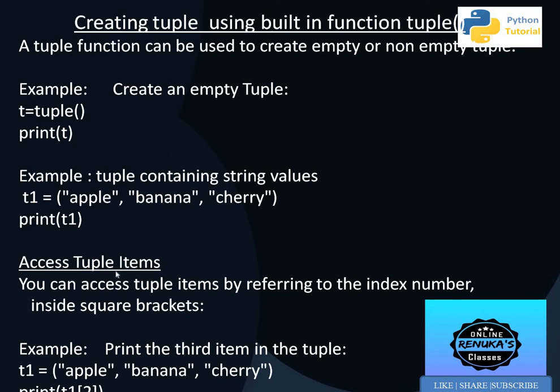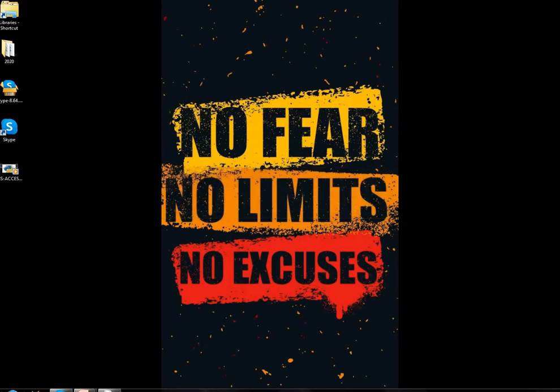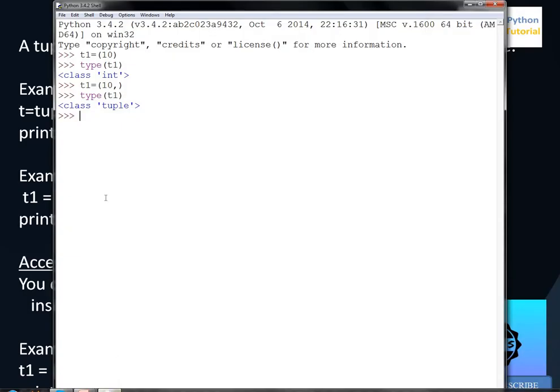Now how to access tuple items? Tuple items can be accessed as we were accessing the list items. They are also subscripted, and with the help of subscripts we can use the tuple items. For example, 10, 89 is a tuple, and if I say print t1 and 1, it will print 89, because the index of 10 is 0, the index of 89 is 1.